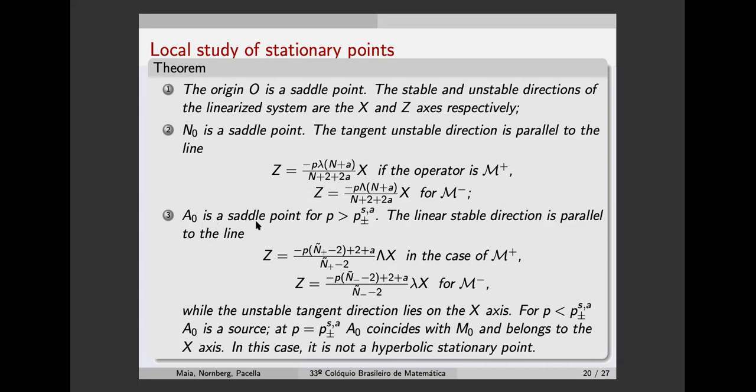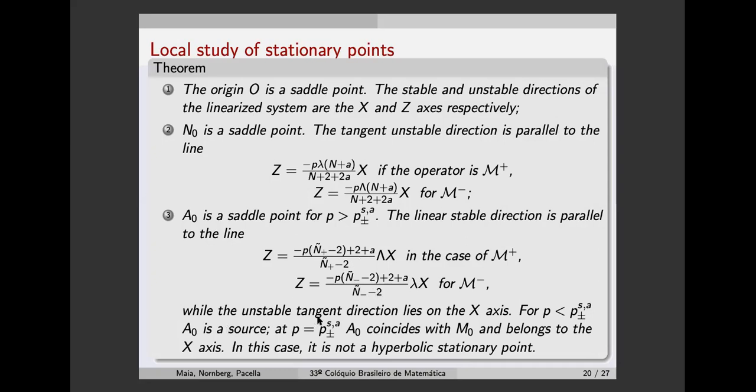A0, what type of stationary point is A0? A0 is a saddle point for P bigger than PSA. The linear stable direction is parallel to this line, which is a line z equals minus a constant times x, which means it has negative slope, and it's the line pointing to A with this slope, in the case of M plus, the same for M minus.